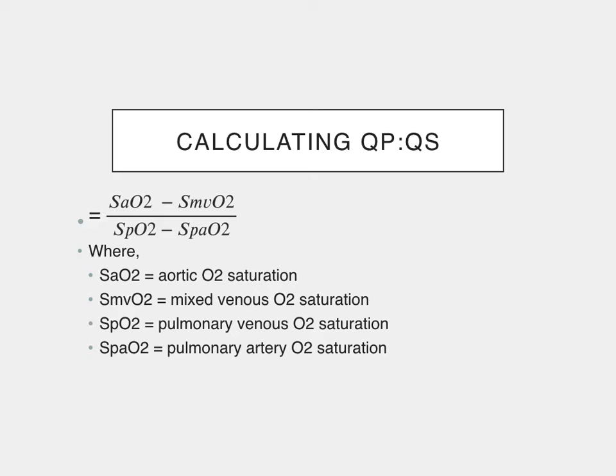In a patient with no mixing lesions, you can obtain this from the right atrium, and that's a pretty accurate mixed venous O2 sat. You can imagine that someone with an ASD who has mixing, even if it's mostly right to left, will have some left to right shunting, and that actually throws off your mixed venous O2 sat. And so for our patient, the tricuspid atresia patient with an ASD, you would actually want this.